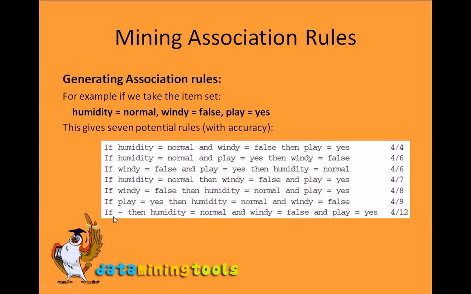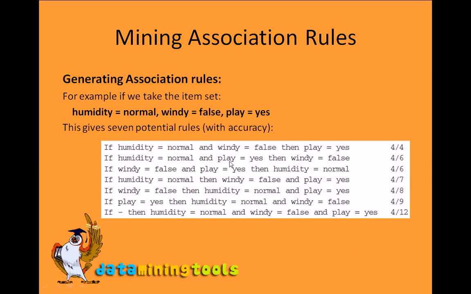The last one is, if anything, then humidity equals normal and windy equals false and play equals yes. What you see over here is basically the accuracy. The numerator is basically the coverage, and the denominator is basically all the instances which it covers, whether they are true or not.